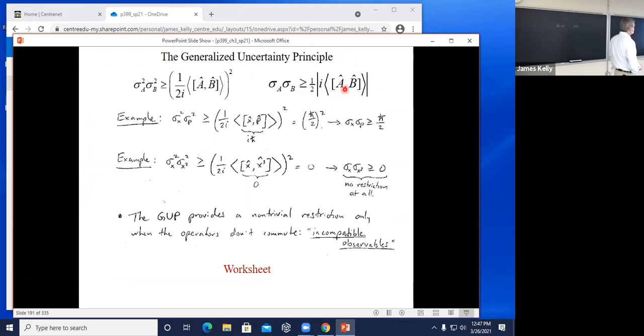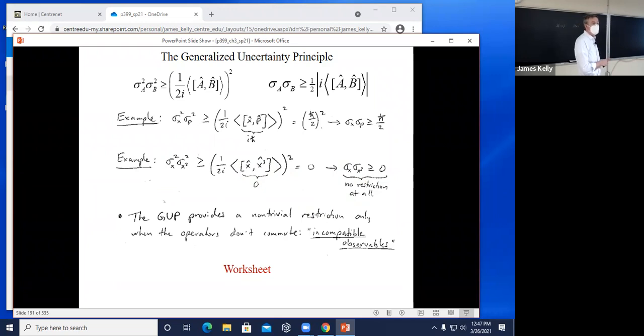So we showed how the usual thing comes out for here. And in cases where the operators commute, an easy case is if you have the x operator and the x cubed operator. X cubed operating on any function of x is just multiplication by x cubed. Those two operators can move right through each other, and therefore the right-hand side is 0, and that means the product of the uncertainties is greater than or equal to 0, which tells us nothing.